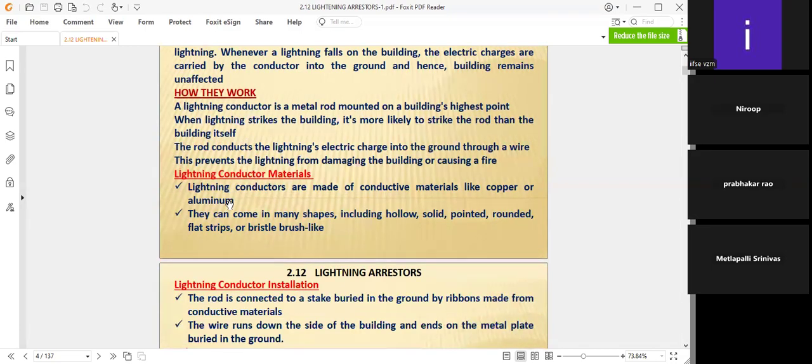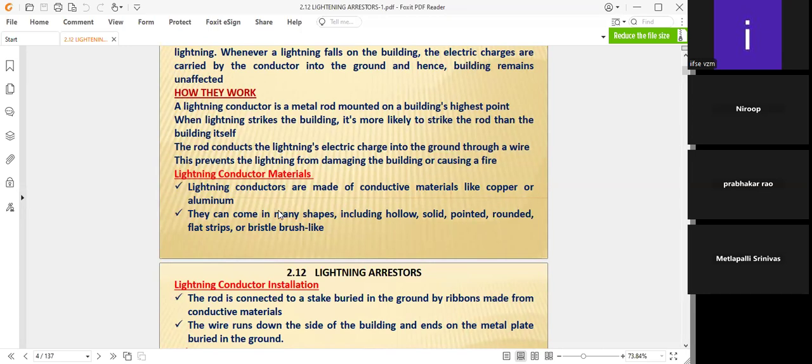The conductor material: lightning conductors are made of conductive materials like copper or aluminum. They can come in many shapes, including hollow, solid, pointed, rounded, flat strips, and a bristle brush like this. Various types of conductors are also there.